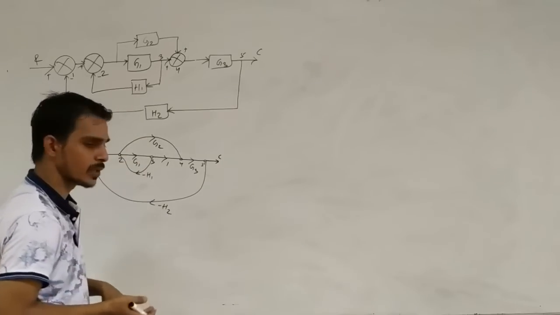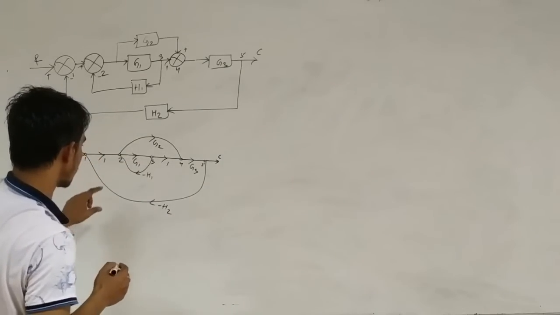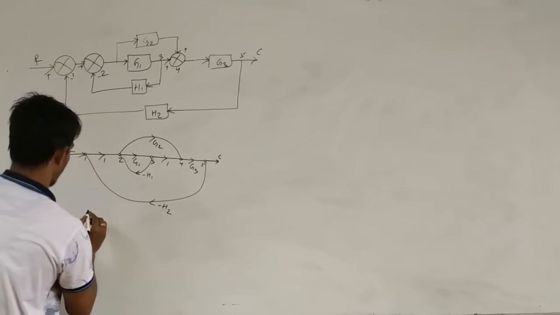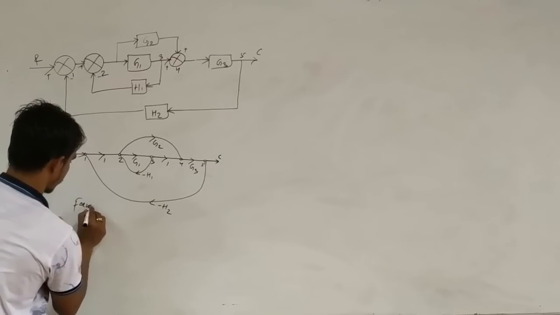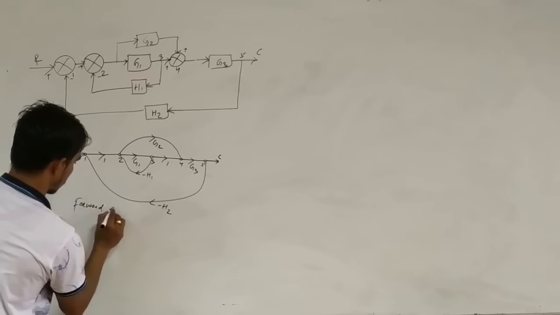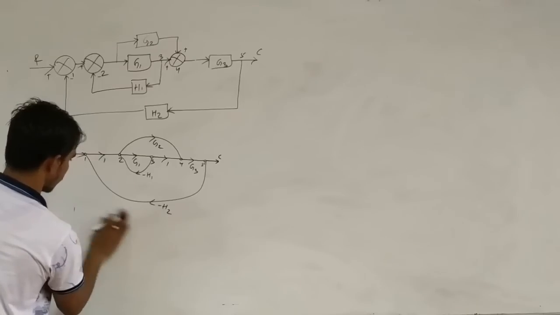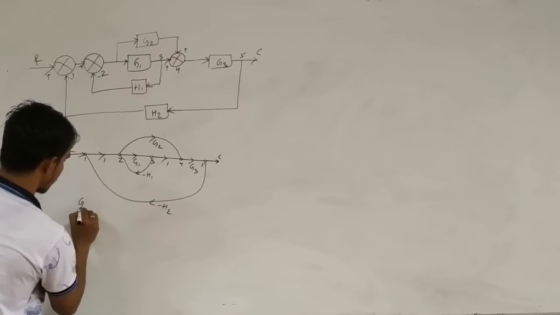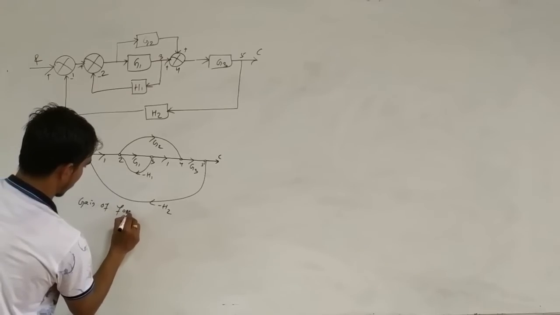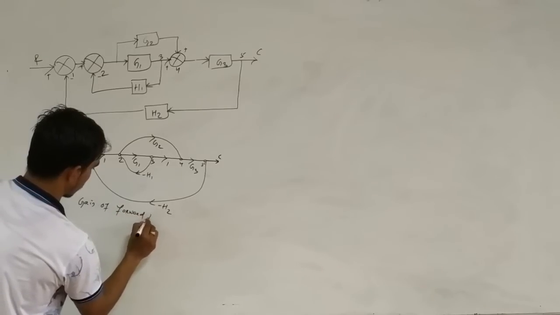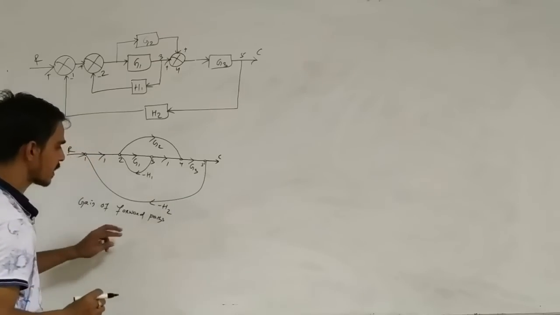Now we can solve this signal flow graph. So first, what we have to find out? The gain of the forward paths.